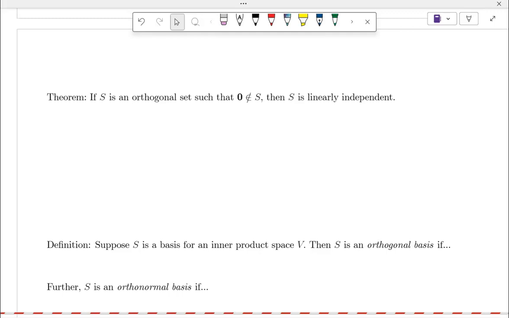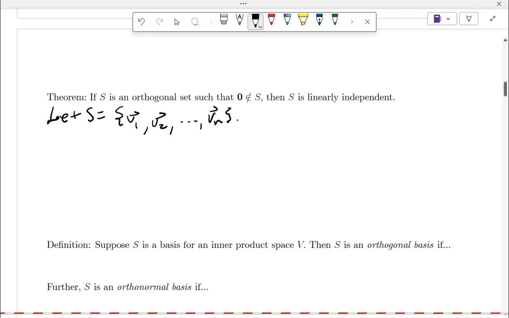Let's see why. Let's let our S be V1, V2, out to Vn. If it's going to be linearly independent, what linear combination in particular do I need to worry about?